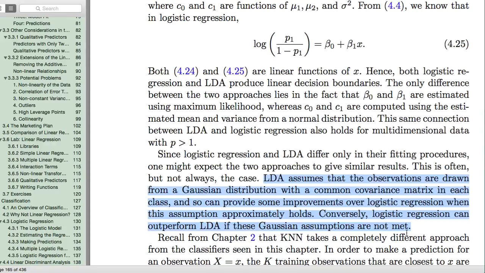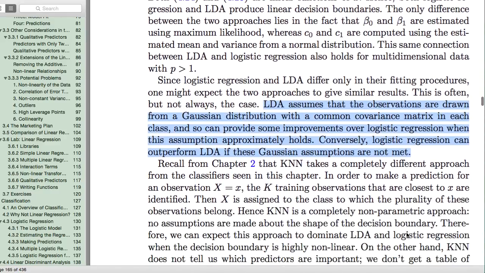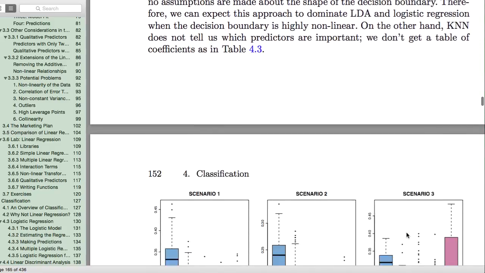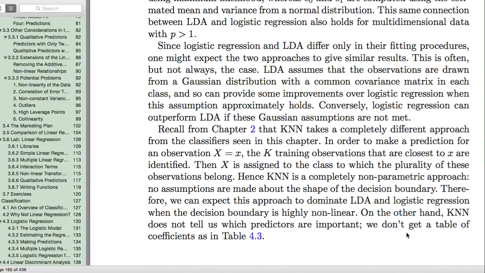Linear discriminant analysis makes the assumption of a common covariance matrix with a Gaussian distribution, and so it can do a terrific job in that case. If those assumptions, the Gaussian distribution and the common covariance matrix, are not met by a real-life situation, then logistic regression will perform better. The other two methods, k-nearest neighbor and quadratic, are both much more complicated.